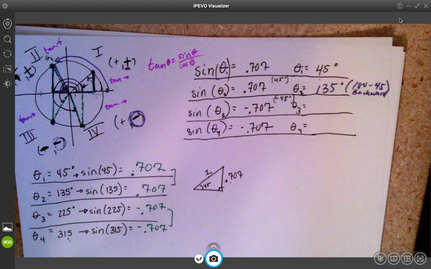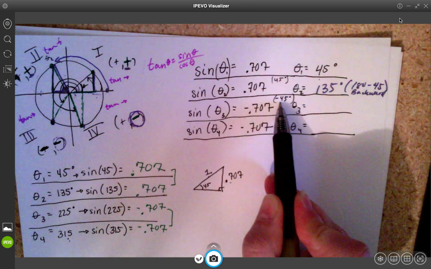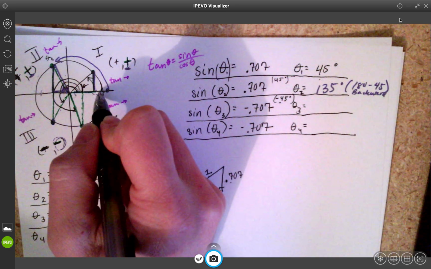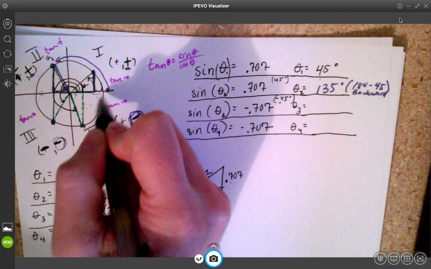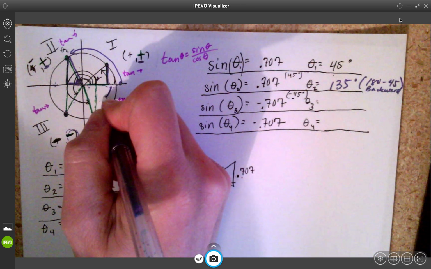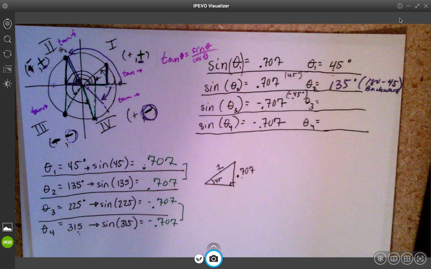What did the unit circle guy tell us? Well, he told us if it's a negative, right, then that means it's like a backwards turn. So the calculator is thinking it's a backwards turn of 45 degrees. Okay, it's thinking it's that guy right there.